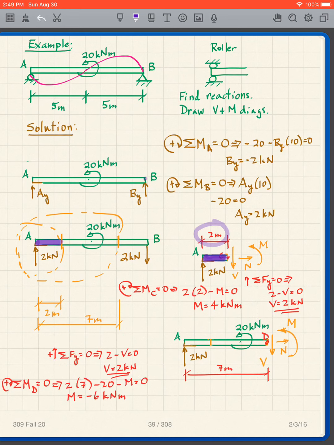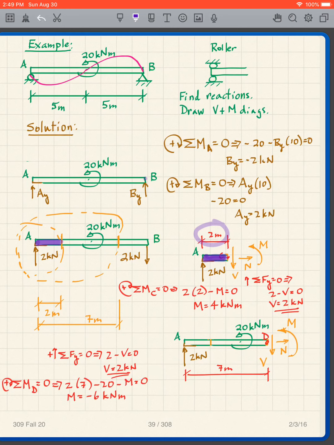I'm going to make my cut at any of these places here, and I'm going to end up with V equals 2. You can try it yourself, make more cuts, and that's what you're going to find. So now what's going to change? For instance, what would change if I made a cut at 3 meters instead of 2? Well, that would be 2 times 3, not 2 times 2, and I would get M equals 6.